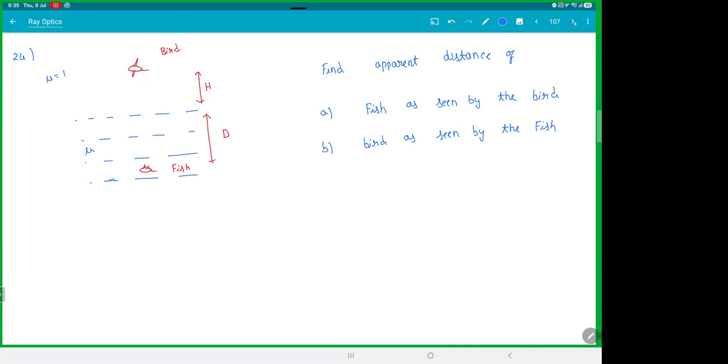So one guy is in the water and one guy is in the air. Get this thing. What will they think? If you ask the fish, where is the bird? What will it say? And if you ask the bird, where is the fish? What will it say?